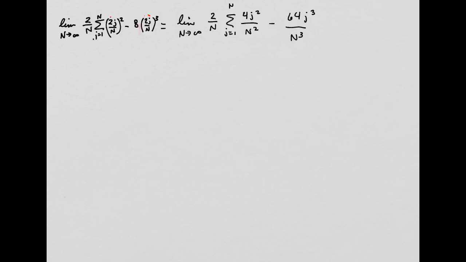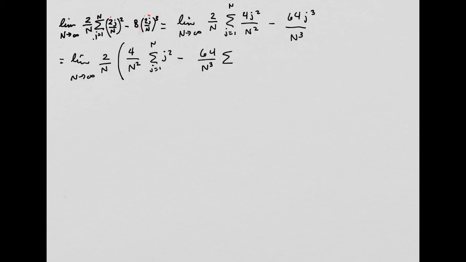All right. And then we're going to split this up. So the limit as n goes to infinity of 2 over n times, and we're going to pull out that 4 over n squared from j equals 1 to n of j squared minus, and we're going to pull out 64 over n cubed from j equals 1 to n of j cubed. So we can use those power sums, and we get the limit as n goes to infinity of 2 over n times 4 over n squared.